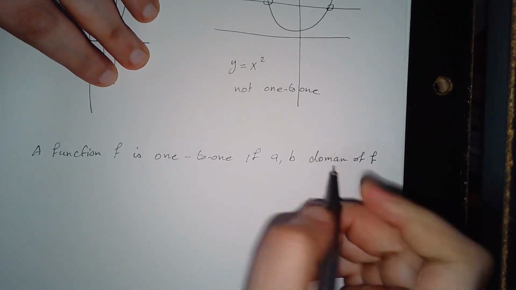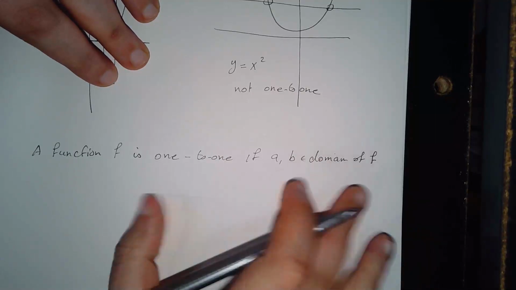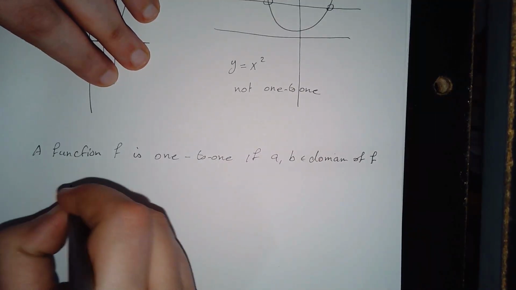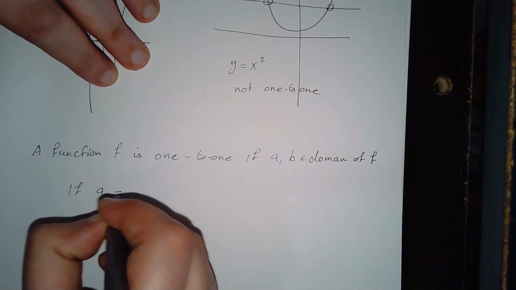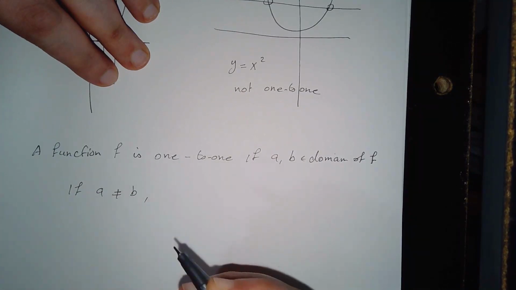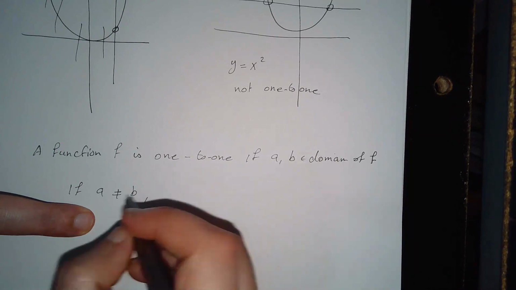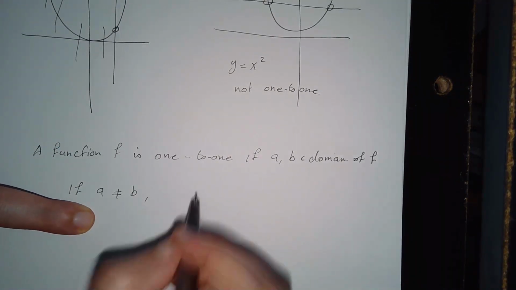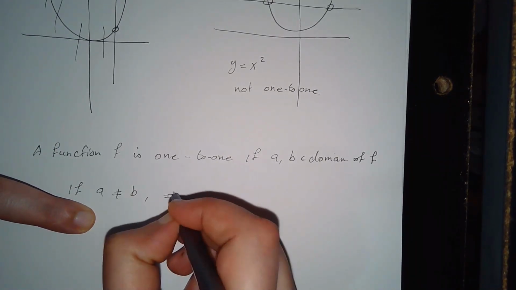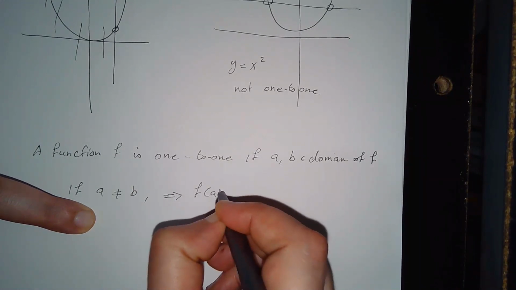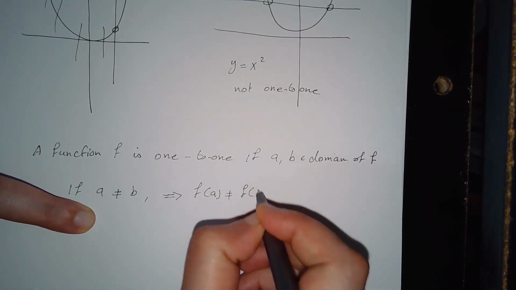So I have a and b in the domain of f, and I'm saying that if a does not equal b, meaning the two x values you're considering are not equal, then that should mean that f of a does not equal f of b.